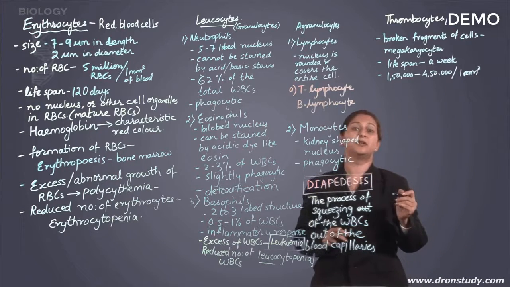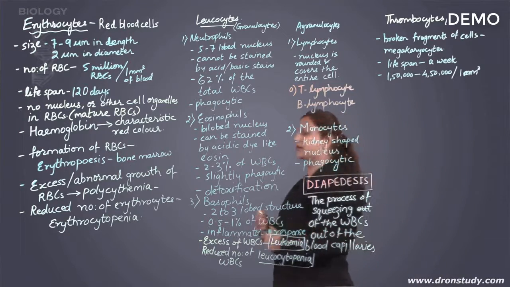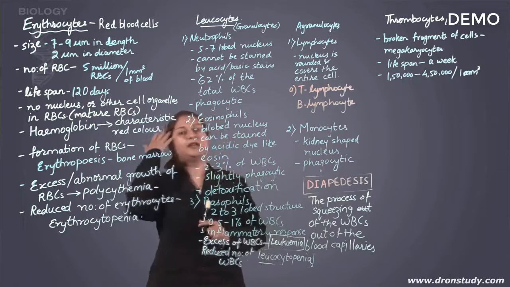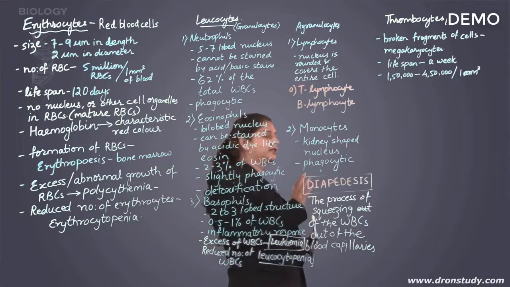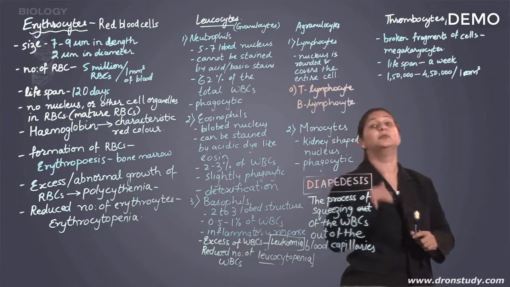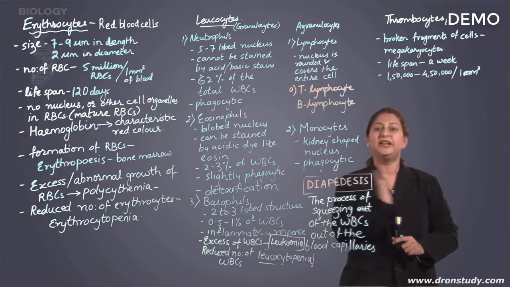That is the number required, and we are all aware that in diseases like dengue, the virus attacks the platelets and the platelet level drastically comes down and the person can actually bleed to death.